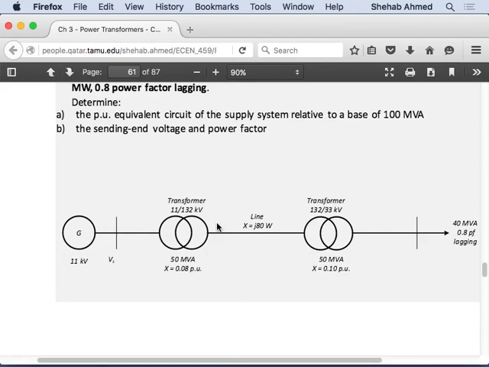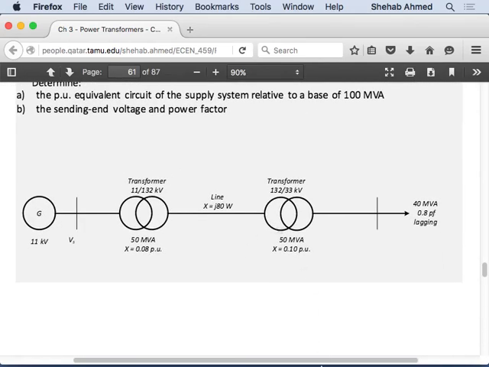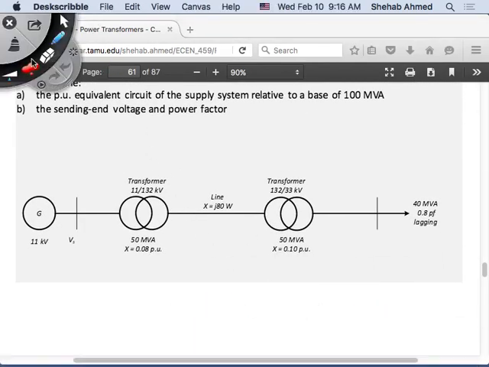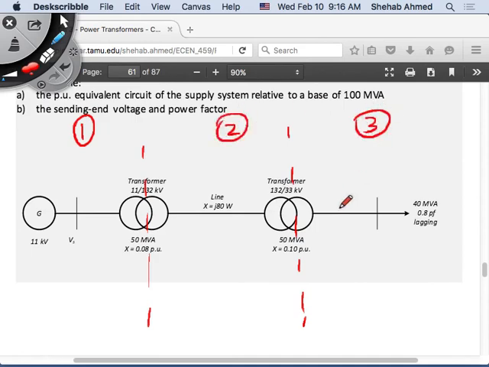Here, I want to call it zone 2. This is zone 1, zone 2, zone 3, right? V base 2 will be 132 kV.